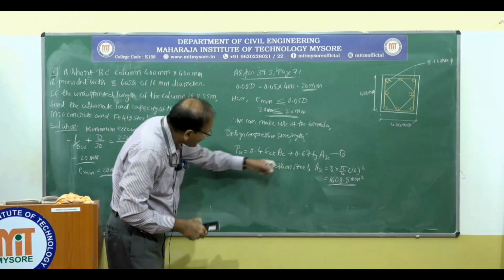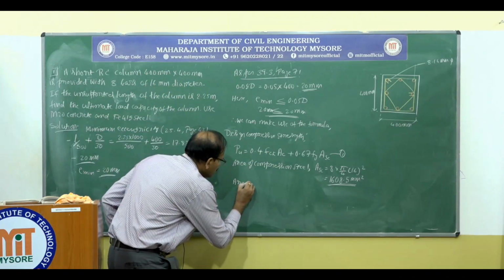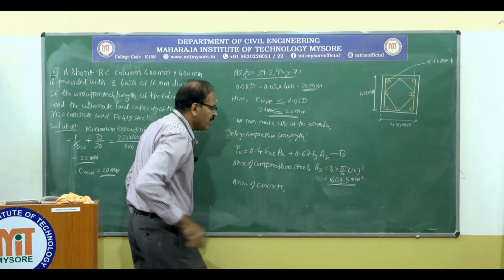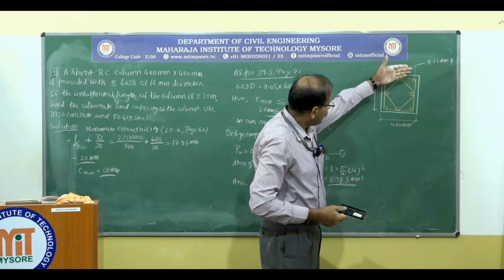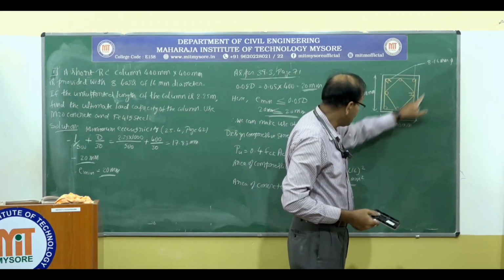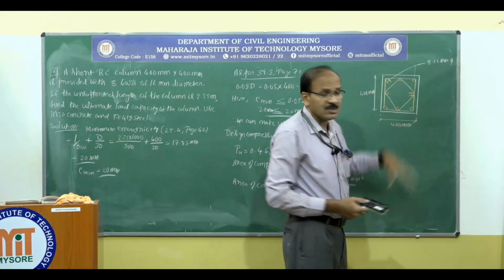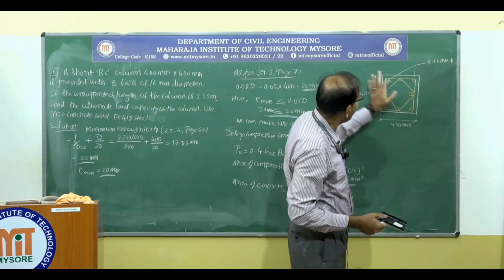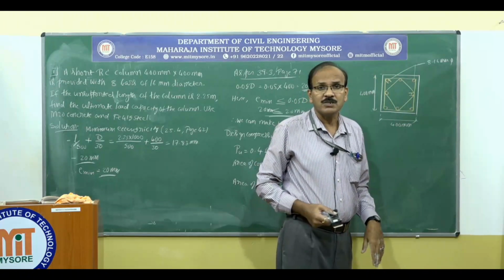Next, what is the area of concrete? Area of concrete, Ac equal to, look at the plan here. This is the sectional plan. When you look from the top, you see this column and we see 8 bars. The area of concrete is the total area minus the area of cross section of these main bars.